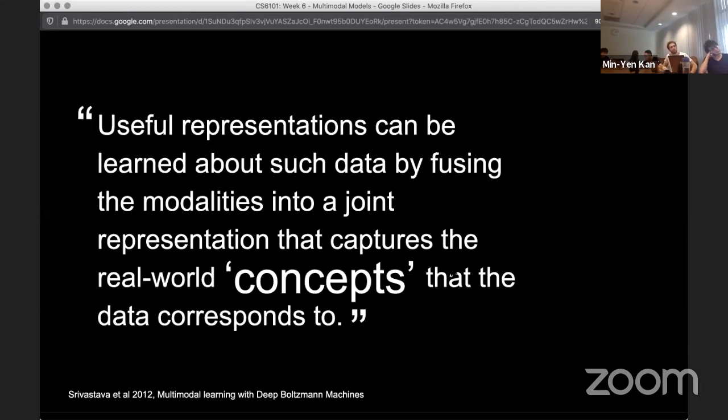Going through this paper, one of the very early principles of multimodal learning is that a useful representation, a useful embedding, would be a joint representation that captures real world concepts of the data we're trying to represent.